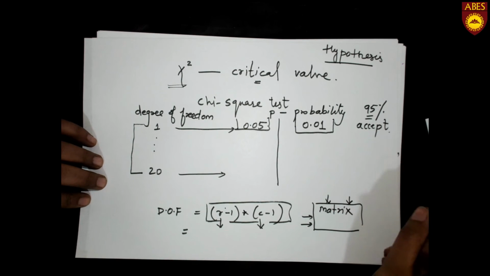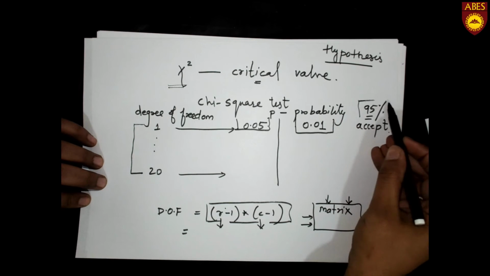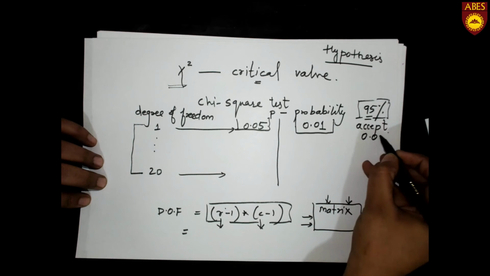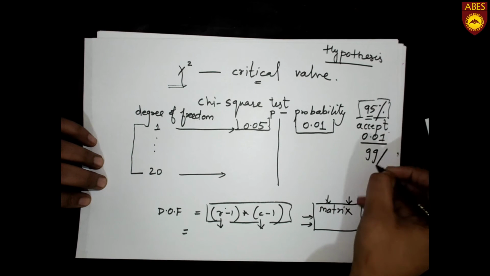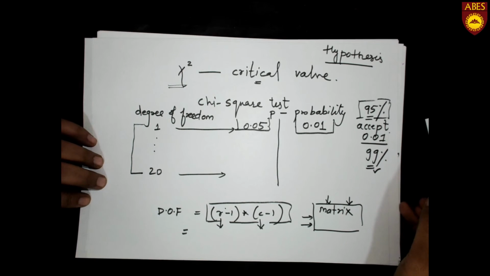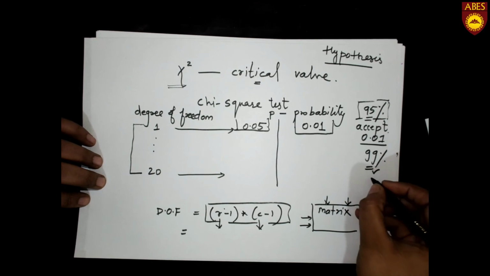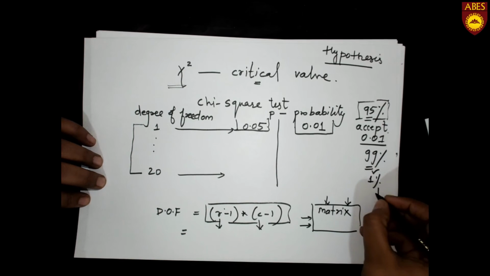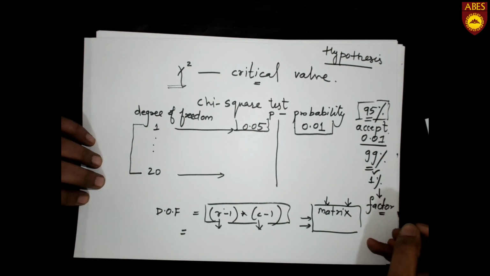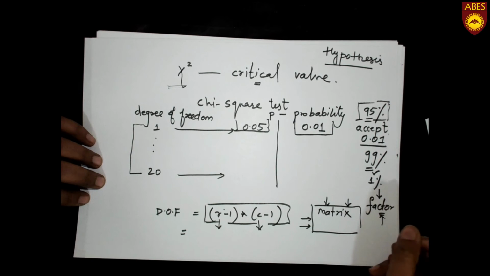0.05 signifies that I'm ensuring 95% that the concluding statement is right, and 0.01 is saying 99% I'm concluding with the right decision, and 1% is the chance of a negative decision. And in that 1% I'm not able to detect the factors. Factors means I'm not able to tell in a chi-square test exactly which factors are responsible for this much deviation.